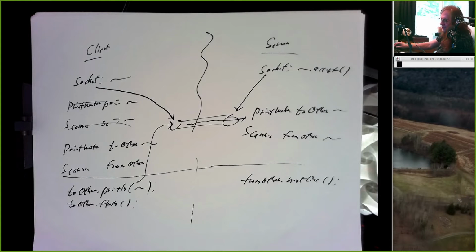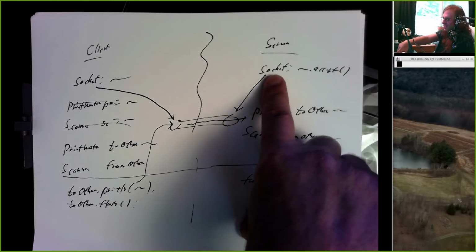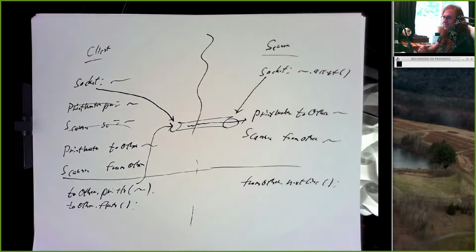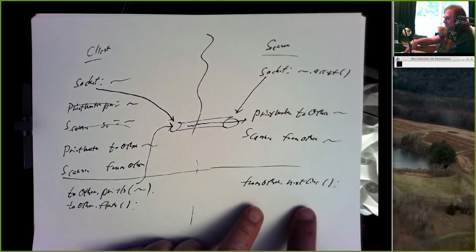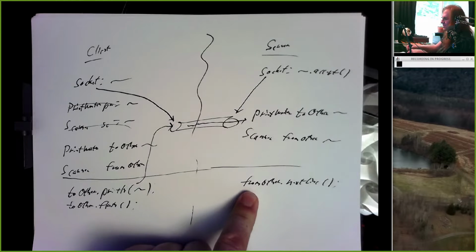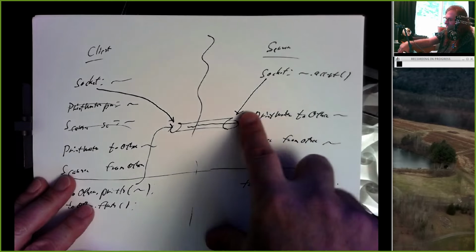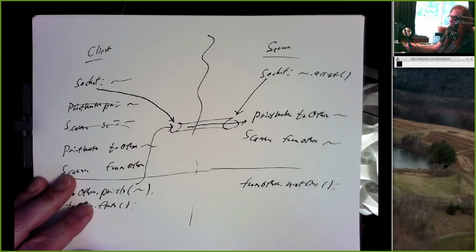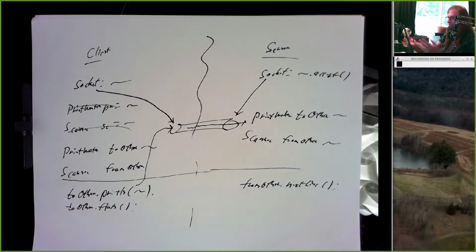And like I say, once you've done that, this side has a socket, this side has a socket, everything else can be identical. The only difference after that is the server is player 1, the client is player 2. But as far as what they do, as far as this net thread that reads from the socket and calls your mouse click code, and the mouse handler that sends coordinate pairs through the socket, that's identical on both sides.